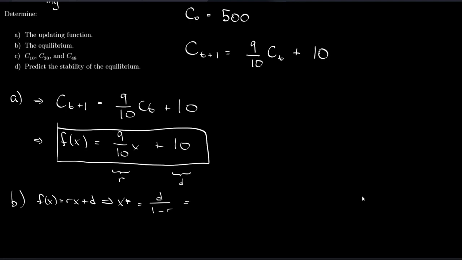And D / (1 - R) is going to be 10 / (1 - 9/10). So it's going to be 100 milligrams of caffeine. Not bad.